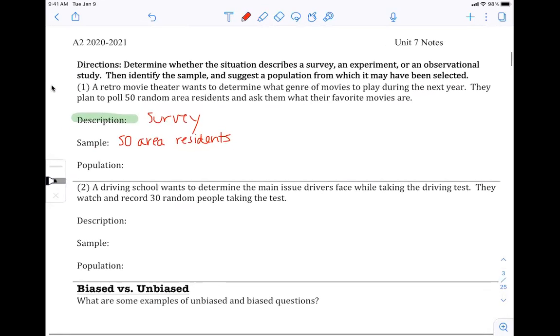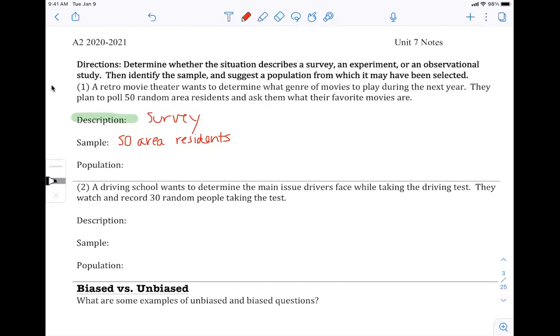Statistics, you guys are going to find, is kind of like some things in English where you have points of view. Sometimes the answers to some of these questions are a little vague in that there could be multiple answers that would be accepted. As long as you can justify your answer, more than likely I can give you credit.